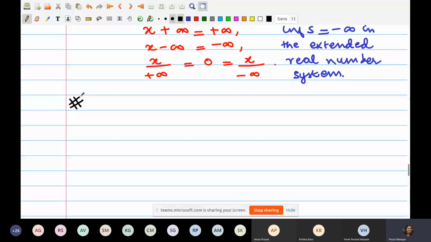I will assign some topics in that last section for all of you to read yourself. And the next thing that I would like to take up is chapter 11. So we go to chapter 11 first and then come back to chapter 3. Chapter 11, a glimpse of topology. We will take this up first and then come back to sequences and series, which is chapter 3.